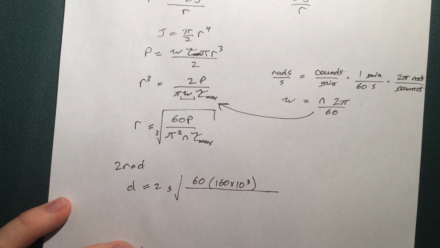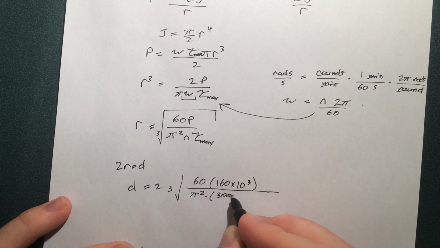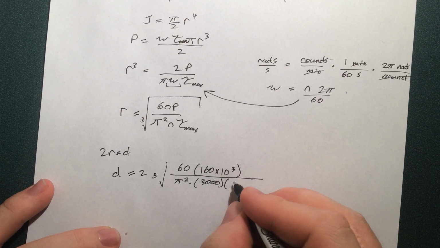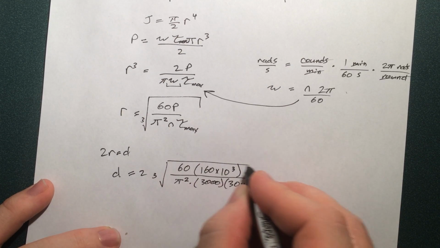You just put it in terms of meters, newtons, the fundamental units, so that when it comes out, you just get a nice answer in terms of meters. That's over pi squared, rounds per minute, that's N, 3000 in our case, and the max shear stress, that's 30 MPa, again converting it to fundamental units, times 10 to the 6.